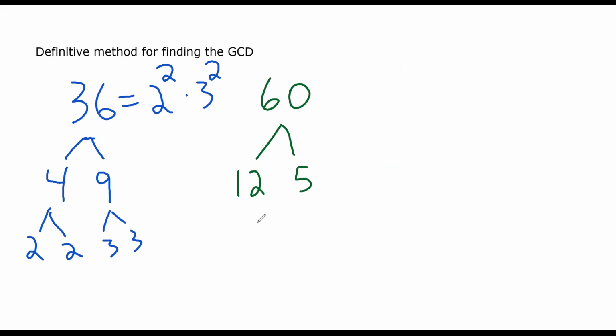How can that break down? 2 and 6. The 2 is done, but it's still part of the prime factorization. And then 6 is what? 2 and 3, yeah, 3 and 2. Thus, 60 can be written as 2 squared, because there's 2 2s, 3 to the first, 5 to the first.